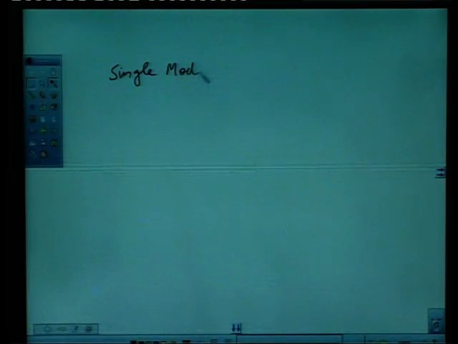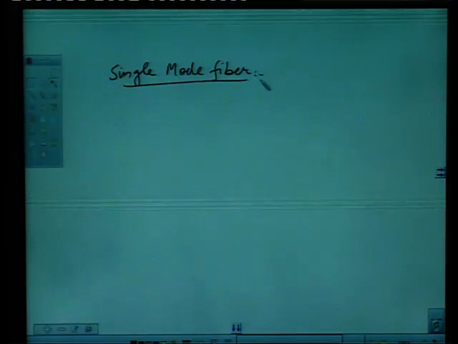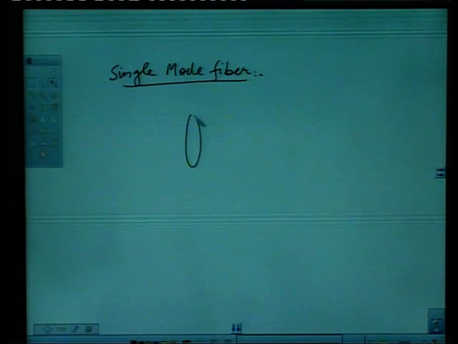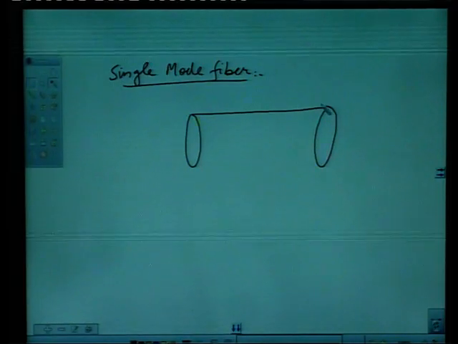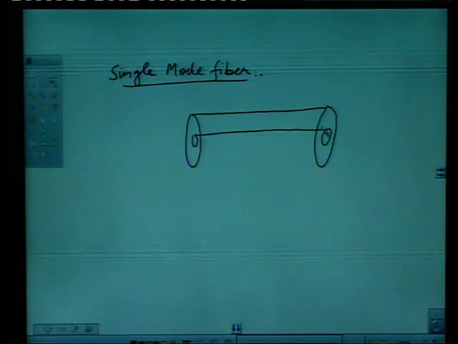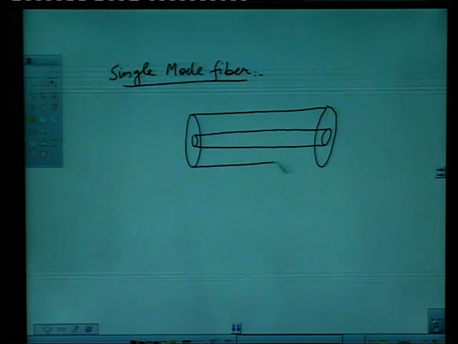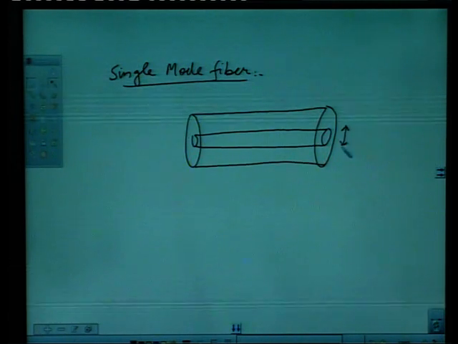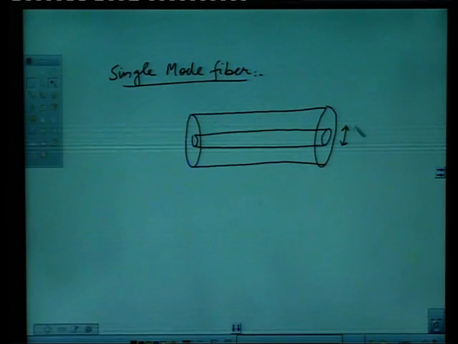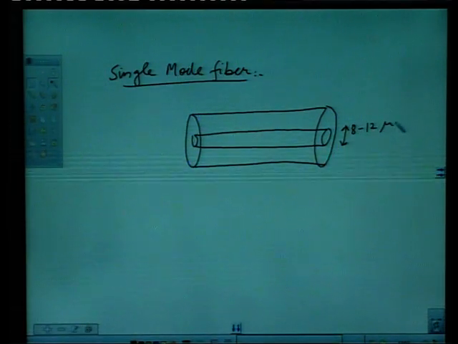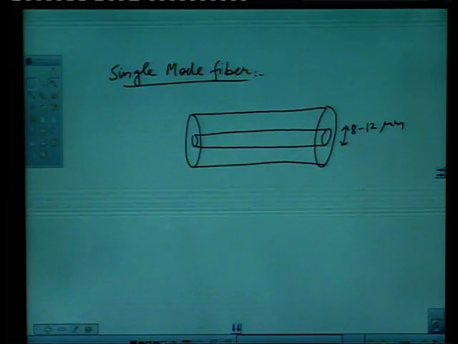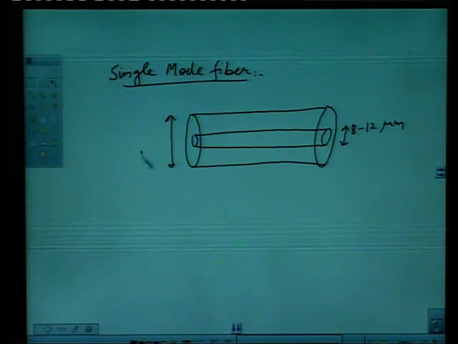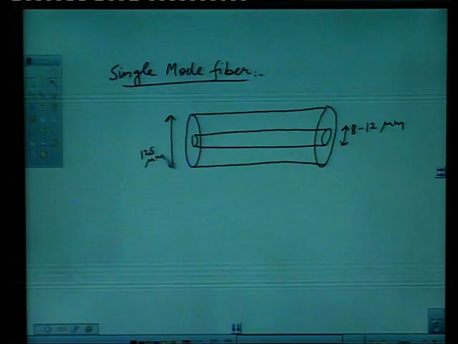So the first one is single mode fiber. Let us draw the diagram. In this case we have core and cladding. The diameter of the core is very small. It is of the order of 8 to 12 micrometer, and the cladding has a diameter of 125 micrometer.